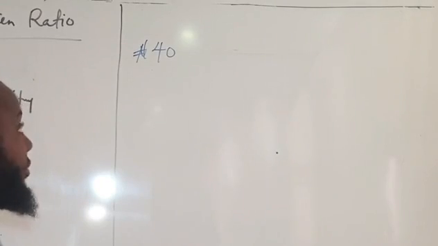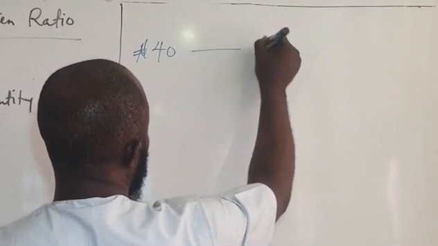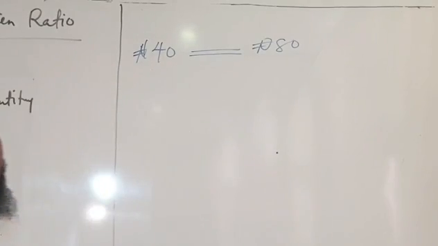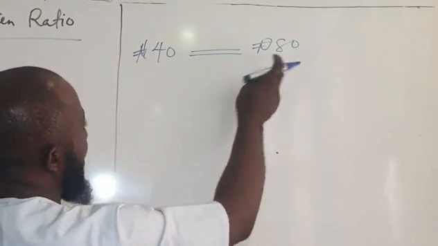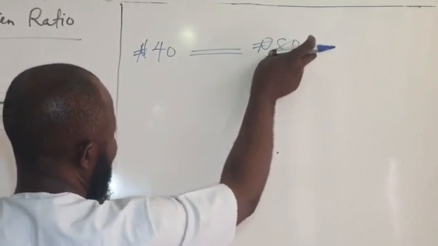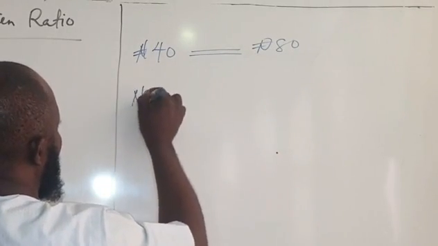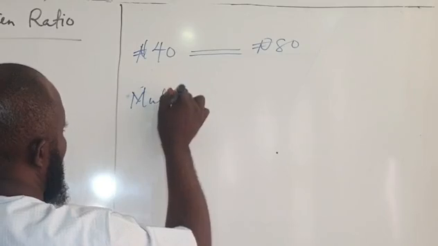The price of the item increases from 40 naira to, let's say, 80 naira. So the multiplying factor here will be this, because it is an increase, so it will be the new quantity. Let's put it as multiplying factor.